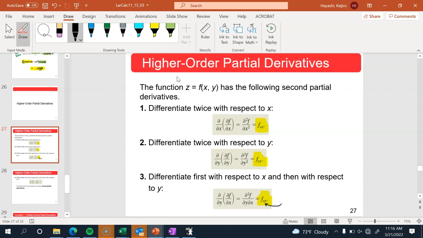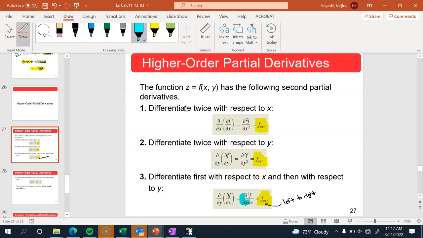With the function notation, you just read it from left to right. So f sub xy means you're taking the partial derivative with respect to x first, and then the partial derivative with respect to y second.